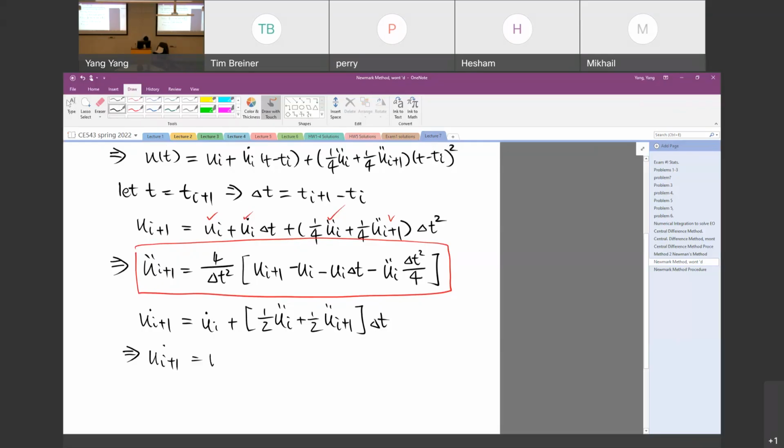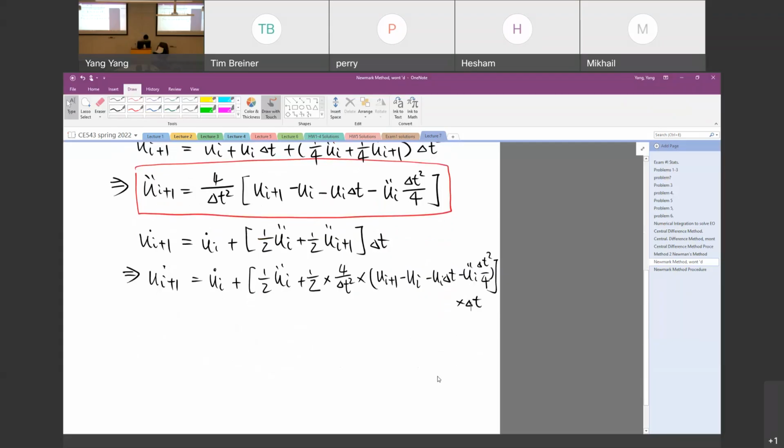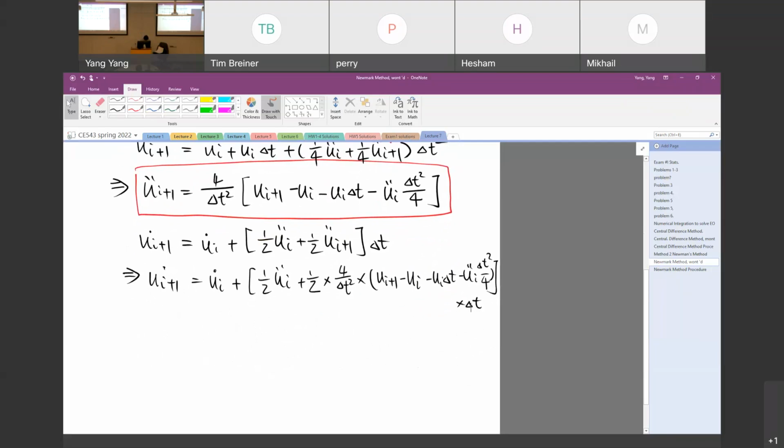This should be equal to the velocity i plus we have all this times delta t, so that we can solve for acceleration at the time t.